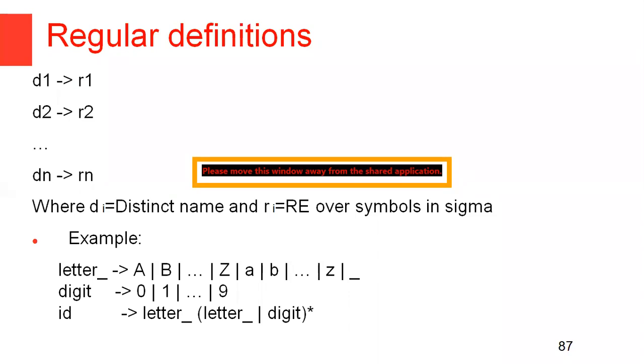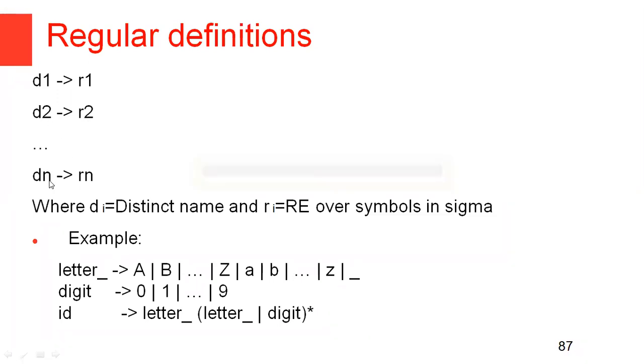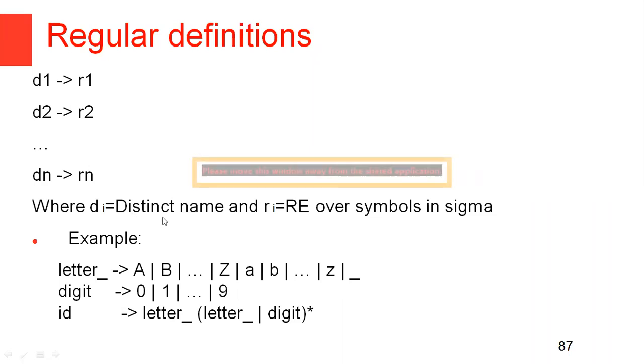So in these regular definitions, D1 is the production of R1, D2 is the production of R2, and so on, Dn is the production of Rn, where i represents 1, 2, 3, and so on up to n. So that is a distinct name.